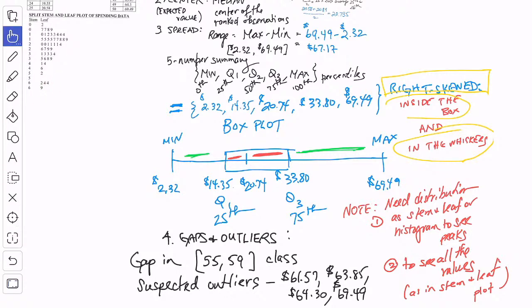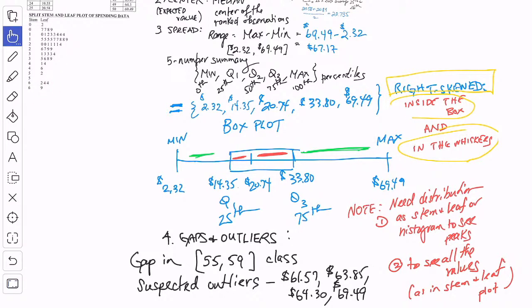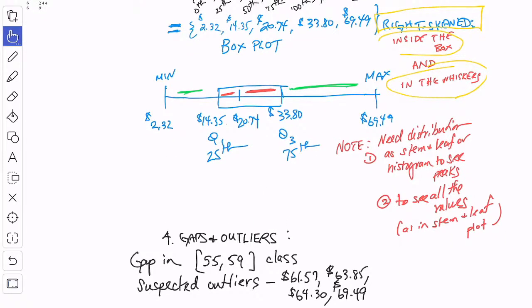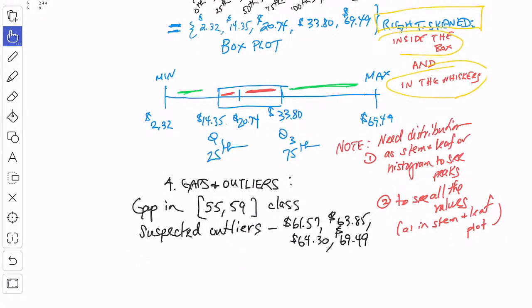So what does that involve? What we're going to do is treat the middle box as a regular pattern of the data. So this is where the middle 50% rest.